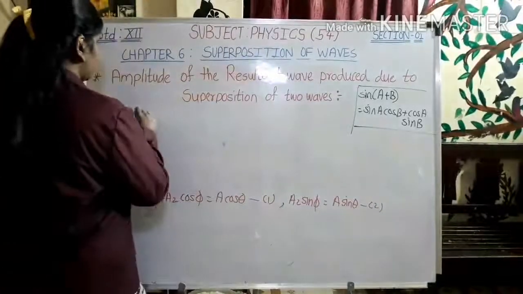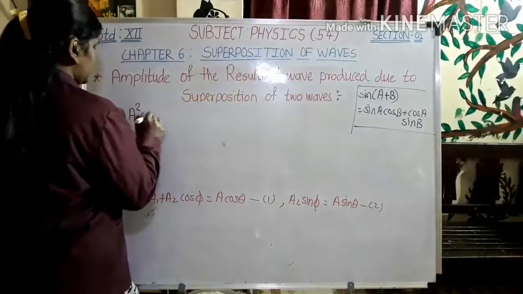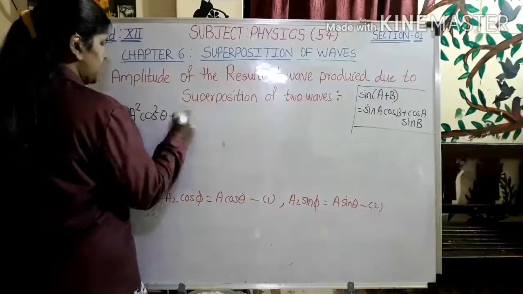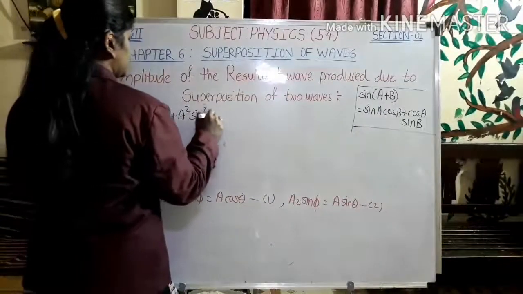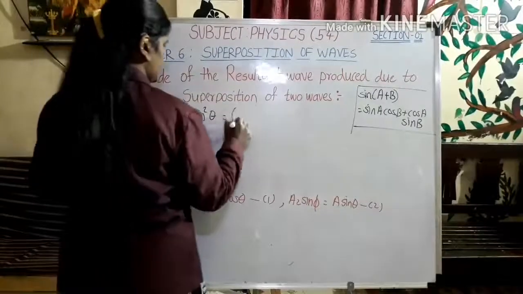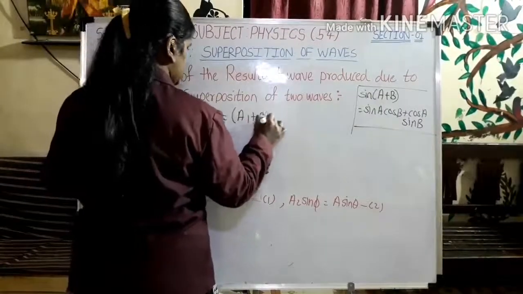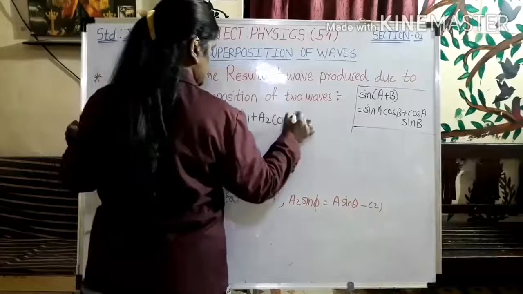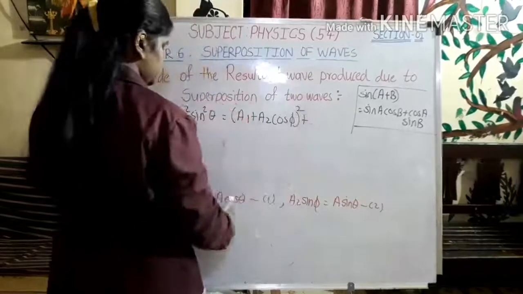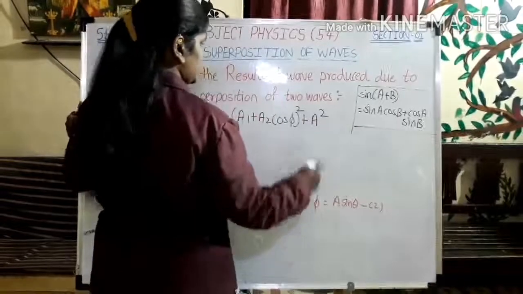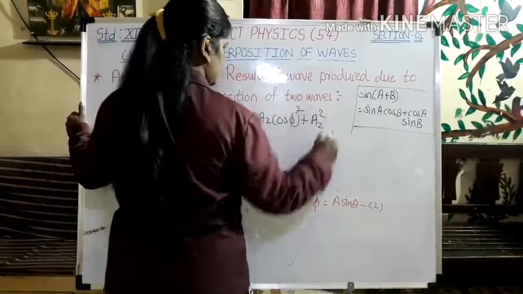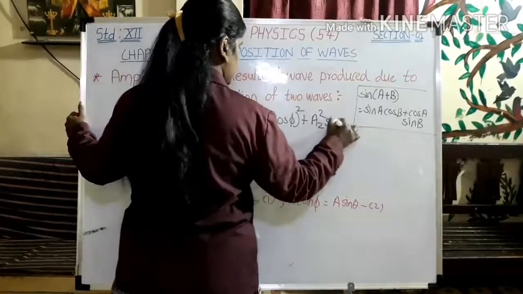So by squaring, a square cos square theta plus a square sin square theta is equal to a1 plus a2 cos phi whole square plus a2 square sin square phi.